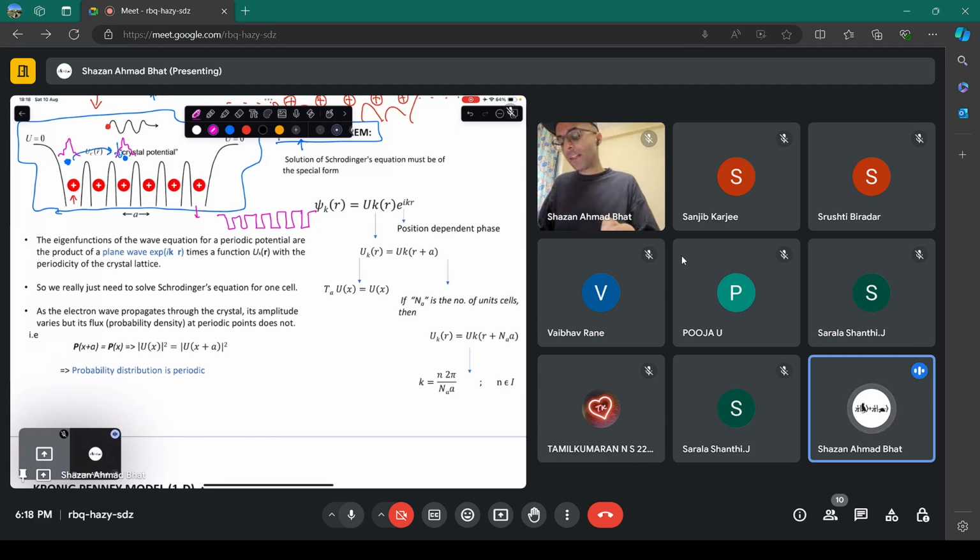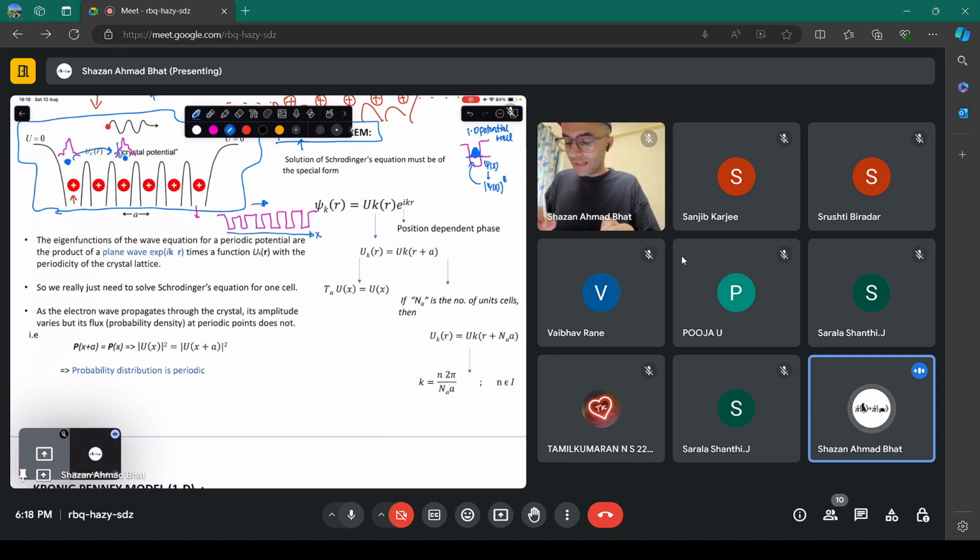Just like you previously solved the problem of a finite potential well where you had an electron and you solved the Schrodinger equation and you got a wave function, something that looked like this, which was psi x. If you square it, you get psi square x, which is the probability density of an electron, the maximum likelihood of finding an electron. This was for a 1D potential well. Now you have repeating potential wells here.